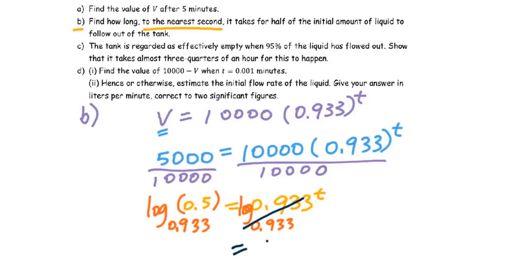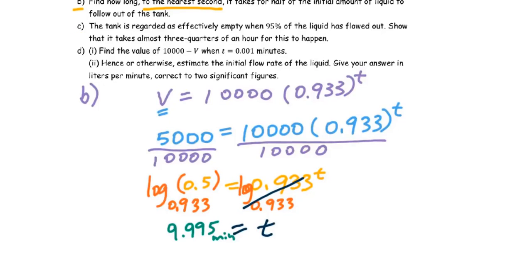So we got t equals, put into calculator, you will get t will be 9.995 minutes, but we need to turn into seconds, so we multiply by 60. You will get t equals 600 seconds.